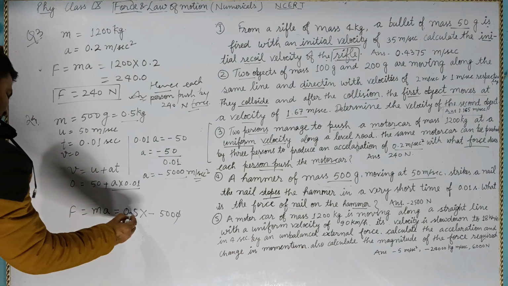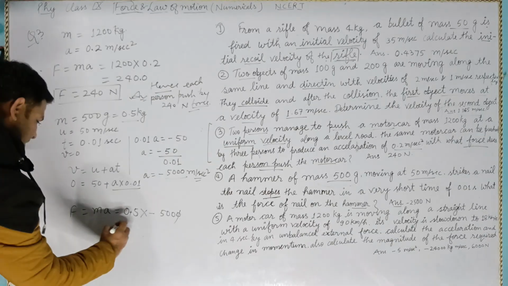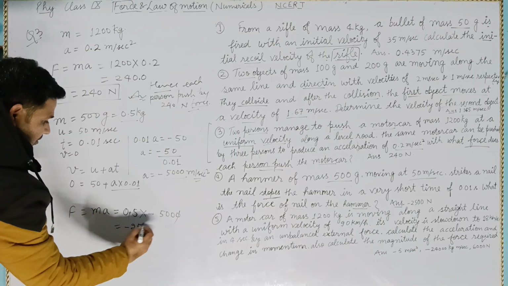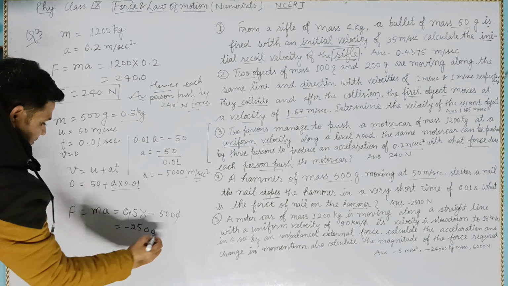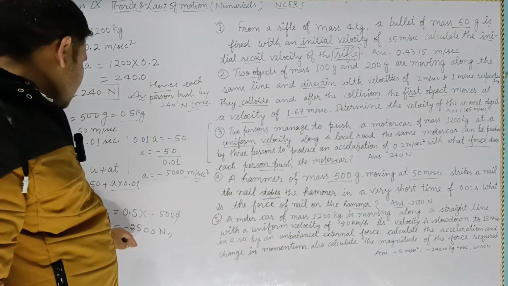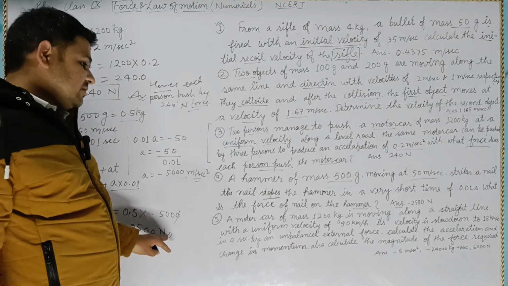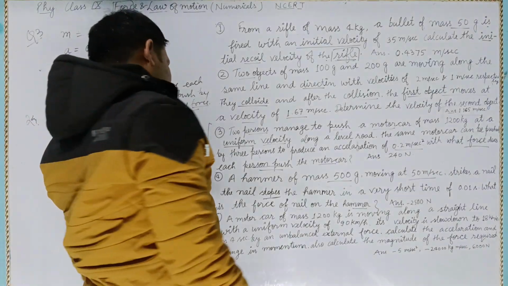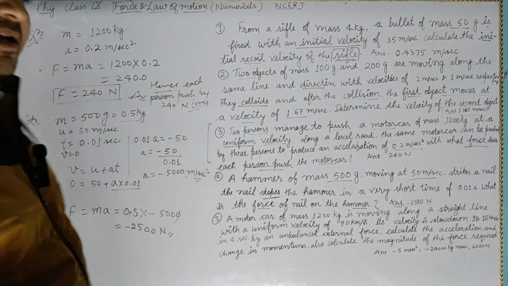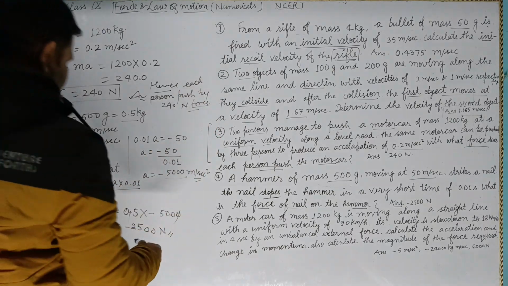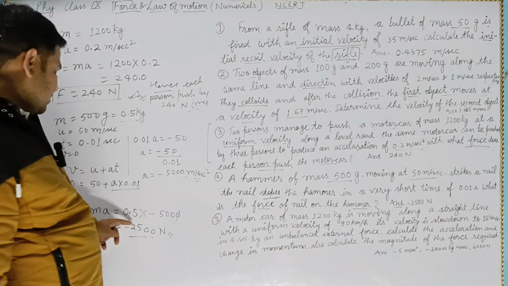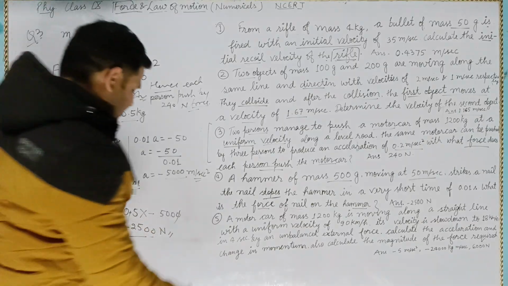Hence the result is minus 2500 Newton. The force of the nail on the hammer will be minus 2500 Newton. It is our solution.